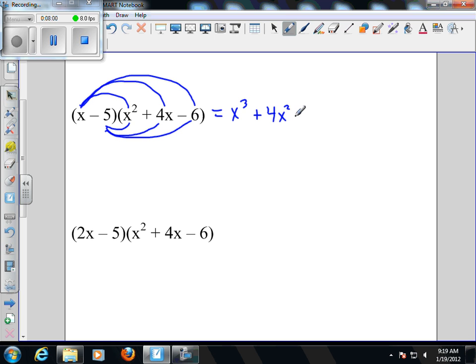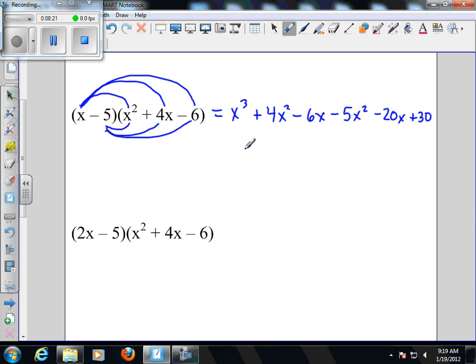X times negative 6 is negative 6x. Negative 5 times x squared is negative 5x squared. Negative 5 times 4x is negative 20x. And negative 5 times negative 6 is positive 30.